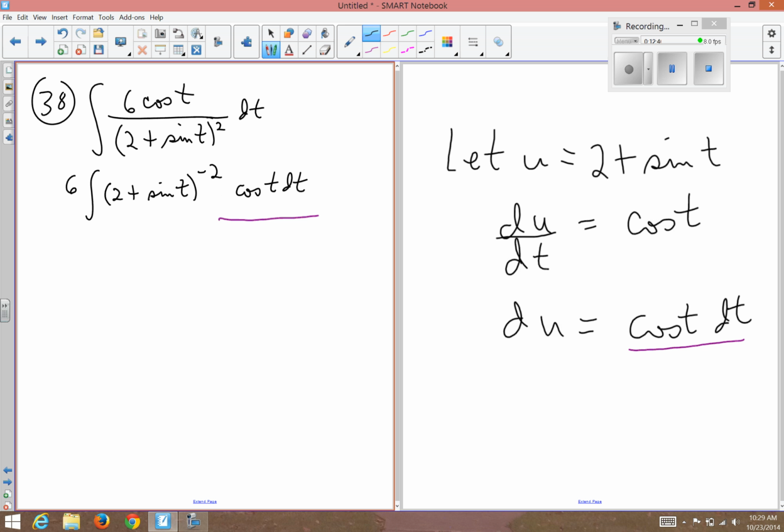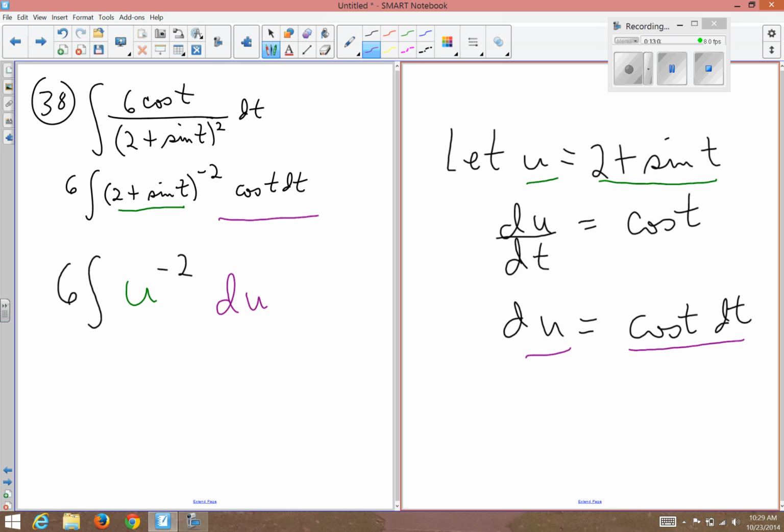So I copy the 6, I copy the integral symbol, I replace what's in the parentheses with u, I copy this exponent, negative 2, I replace what's underlined in purple with du, right there, and now I have a formula that's on the sheet.